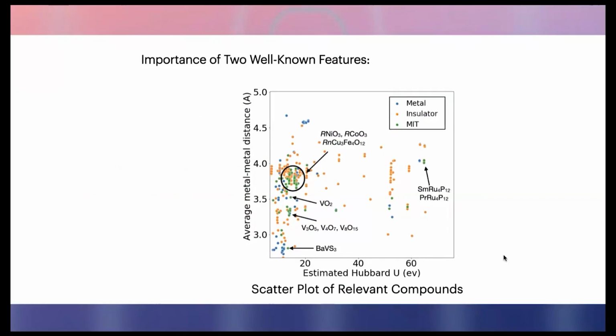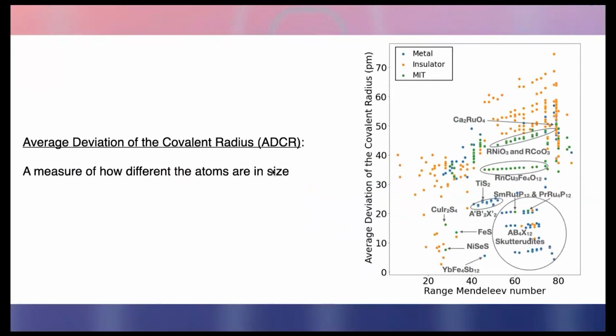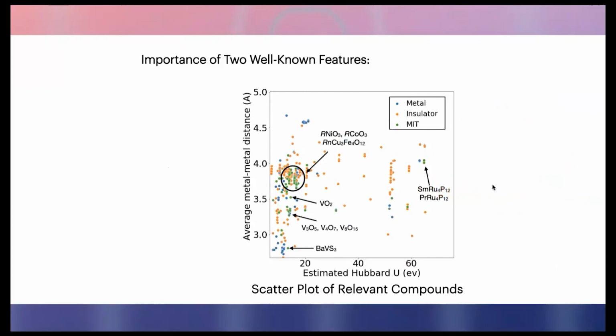So you can look at, for example, some well-known features like the metal-metal distance and Hubbard U. So metal-metal distance is between the transition metals. And one of the things it's kind of a proxy for is bandwidths. While the Hubbard U is unscreened. And I'll show you also why this is 60, because that's wrong, and it's wrong for a particular reason. Actually, I should explain that the reason why this is 60 is because our code, the way it featureizes everything, is assuming everything is ionic.